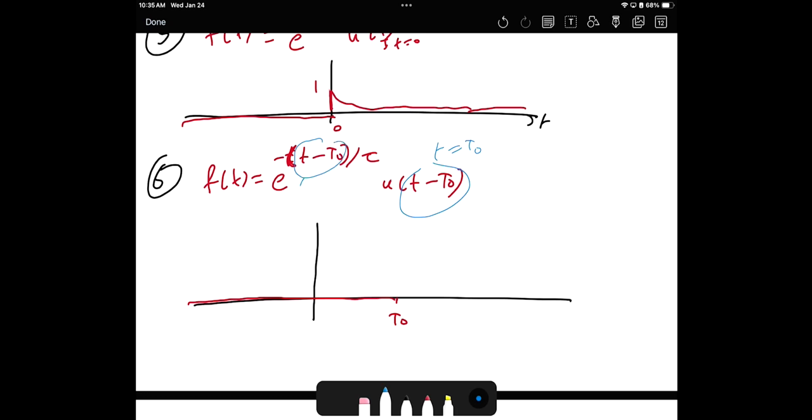The center is where t equals t0, so at t0 it will be 1; the center means the location of 1. So if we start from 1, and since it is negative, it is decaying, so it looks like this. So when we have t0 here, it just shifted a little bit.